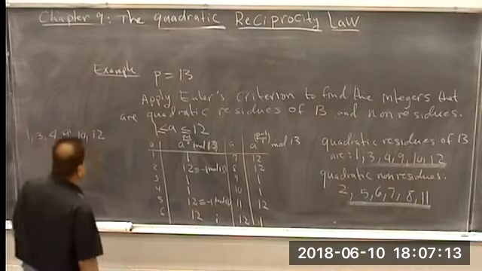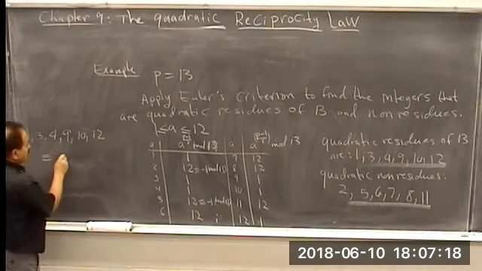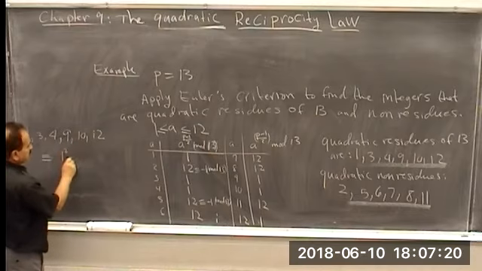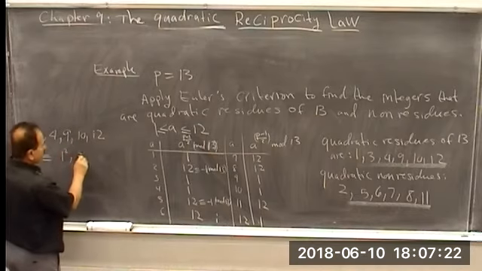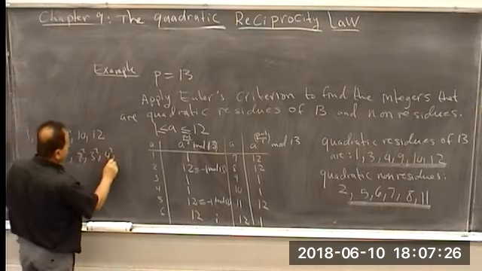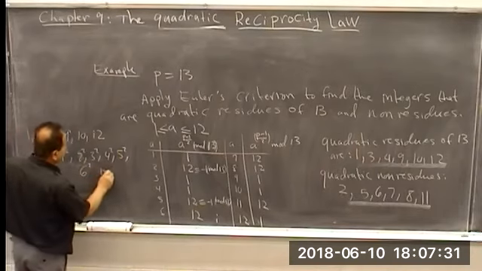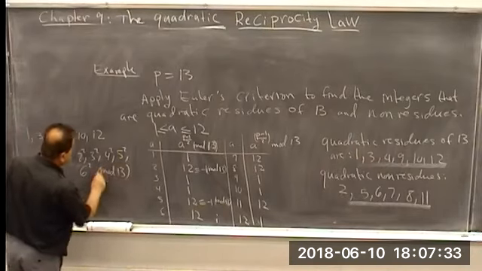Each is congruent to 1 squared, 2 squared, 3 squared, 4 squared, 5 squared, 6 squared mod 13, in some order.